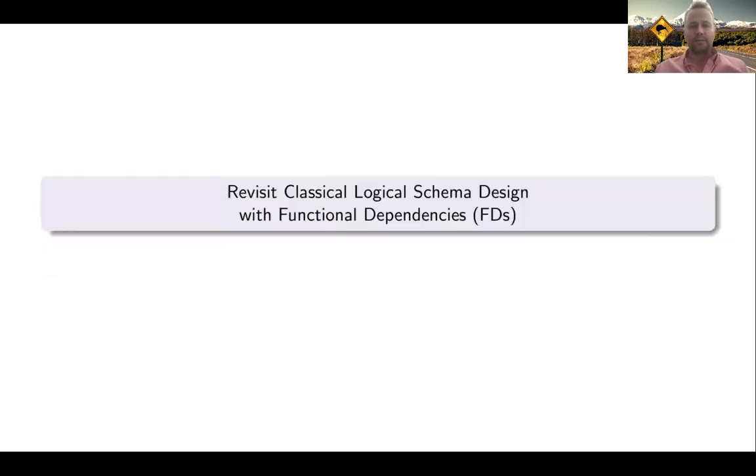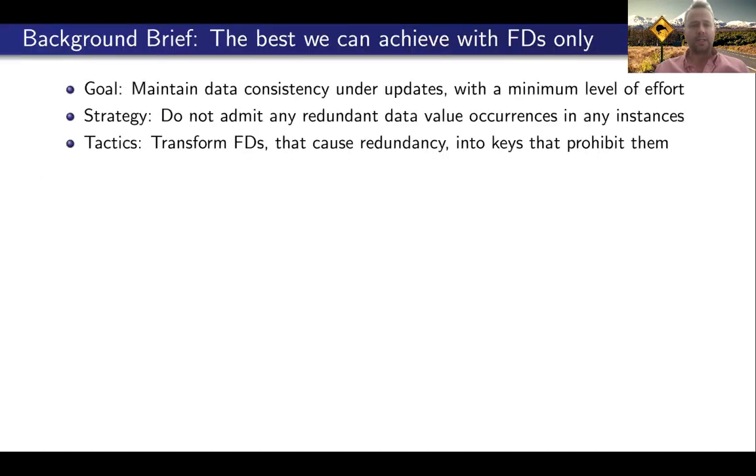So let's revisit classical logical schema design and see what the best is that we can achieve with functional dependencies only. The general goal of normalization is to maintain data consistency and updates with a minimum level of effort required. As a strategy, we don't want to admit any redundant data value occurrences in instances because they cause update anomalies.